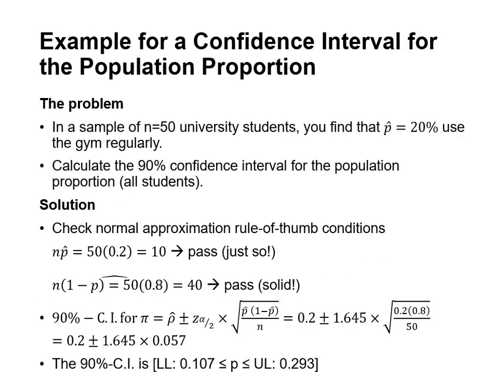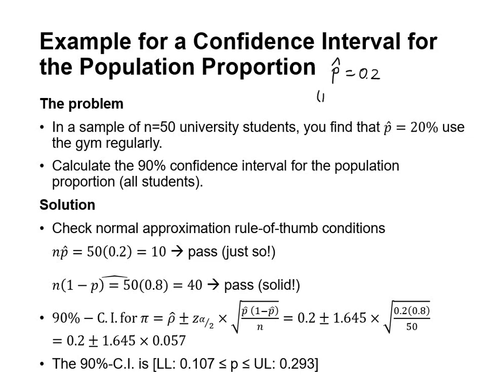Okay, let's do a numerical example. We have a sample of 50 university students, and you find that 20% use the gym regularly. So what do we have? The estimated success probability is 0.2.